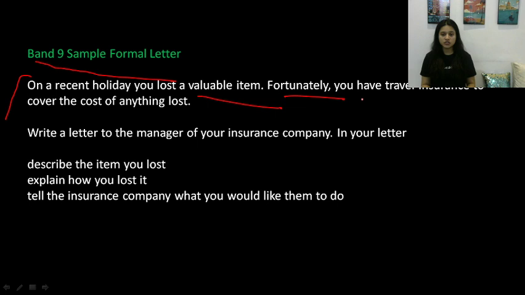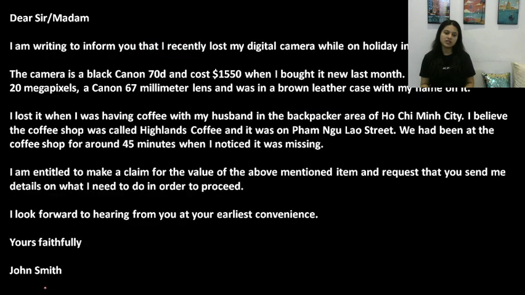Fortunately, you have travel insurance to cover the cost of anything lost. Write a letter to the manager of your insurance company, and in your letter, describe the item you lost, explain how you lost it, and tell the insurance company what you would like them to do. Now, it's very important to cover these 3 points, okay? So, this is how a question will look like. And then, of course, you will write an elaborate letter on it.